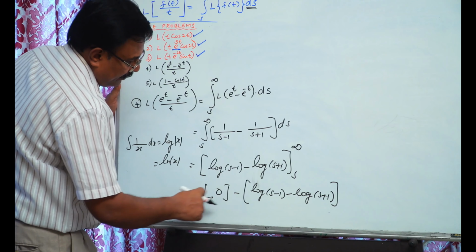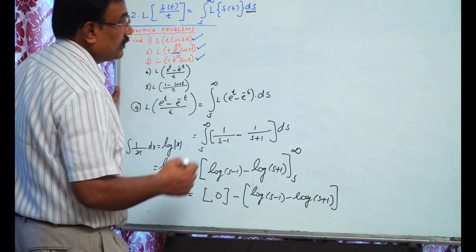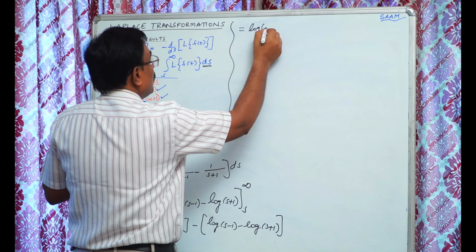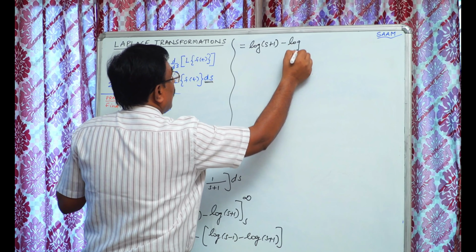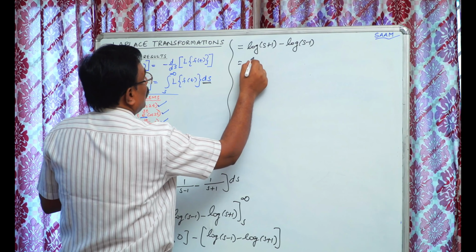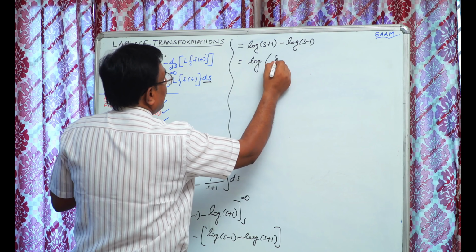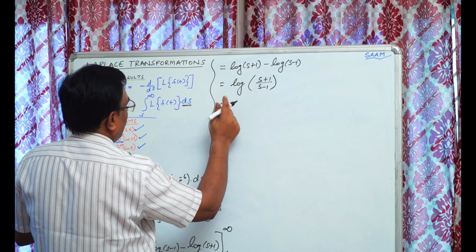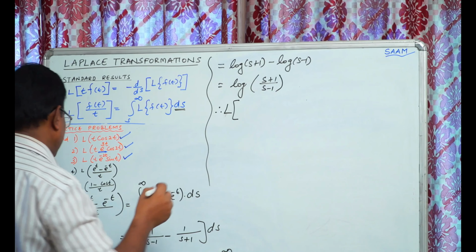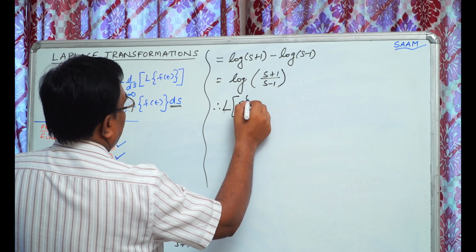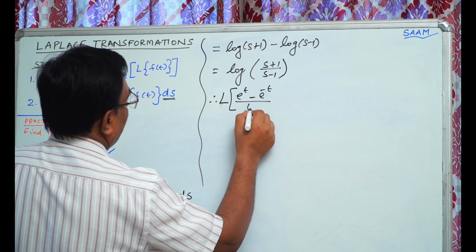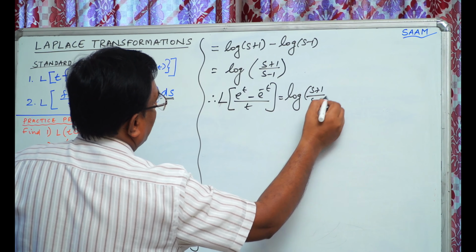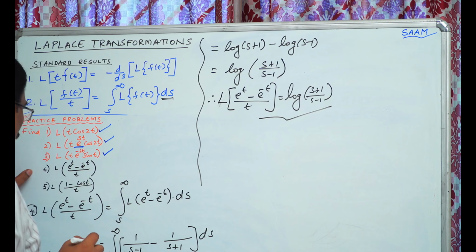I can send minus inside, I will get log of s plus 1 first, minus log of s minus 1, which by the logarithmic rule, minus means s plus 1 by s minus 1. Therefore, Laplace transformation of (e power t minus e power minus t) divided by t is equal to log of (s plus 1) by (s minus 1). Question number 4 is over.